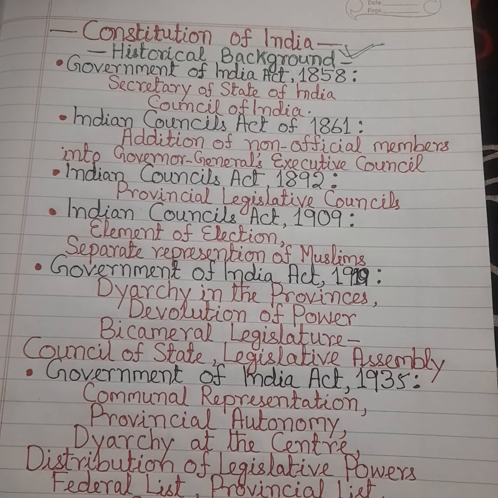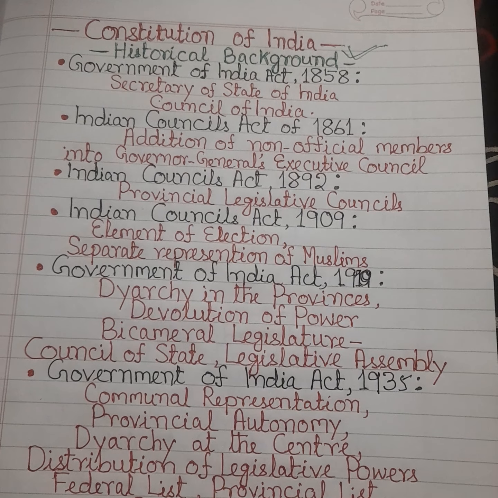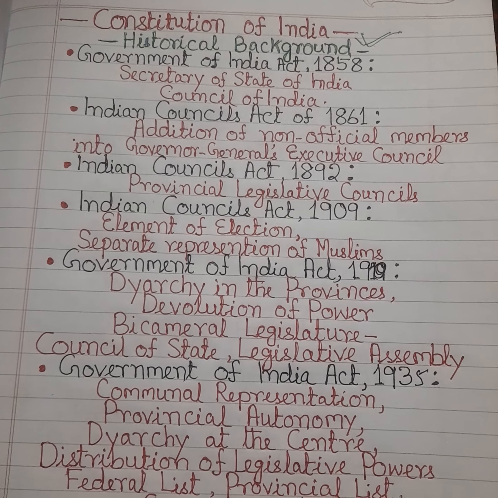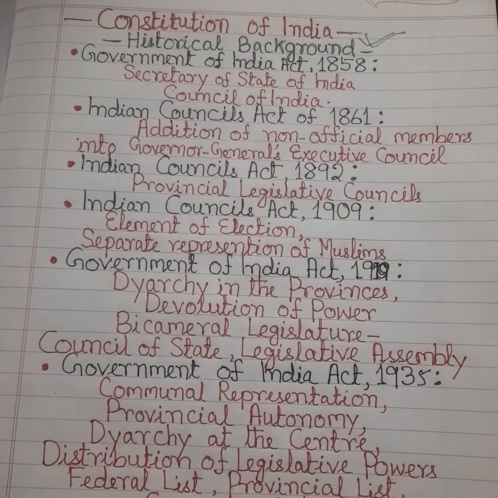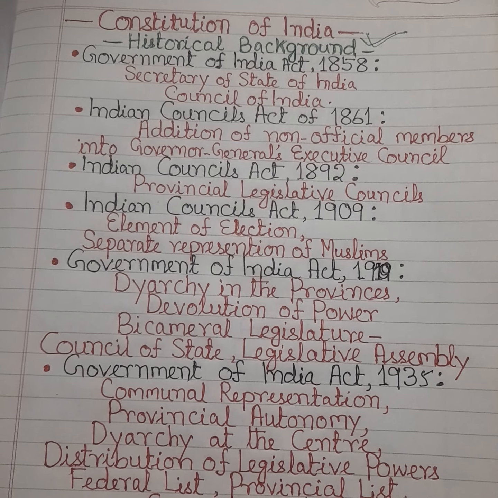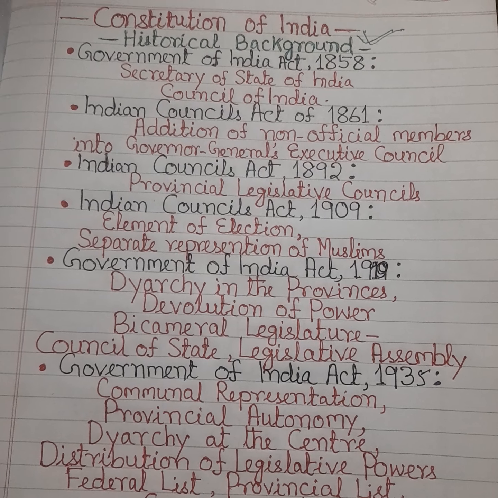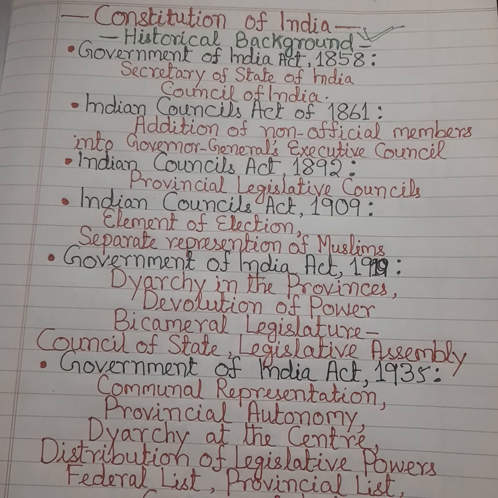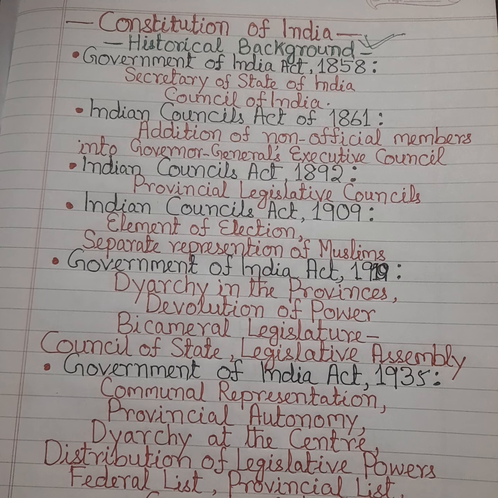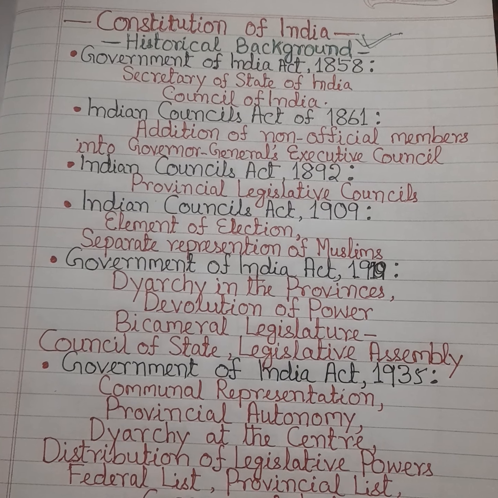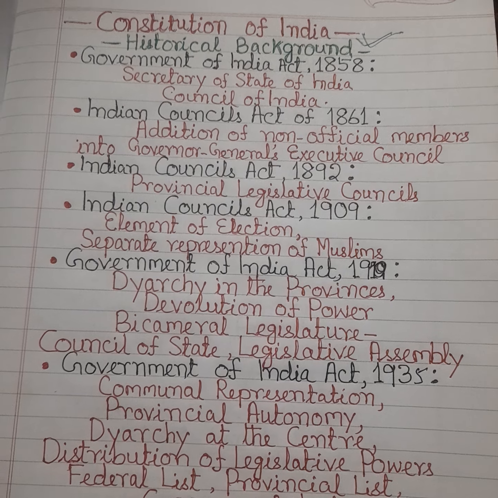As we know from history that the East India Company was ruling over India till 1858, and in 1857 there was the Sepoy mutiny or rebellion against the British Crown.